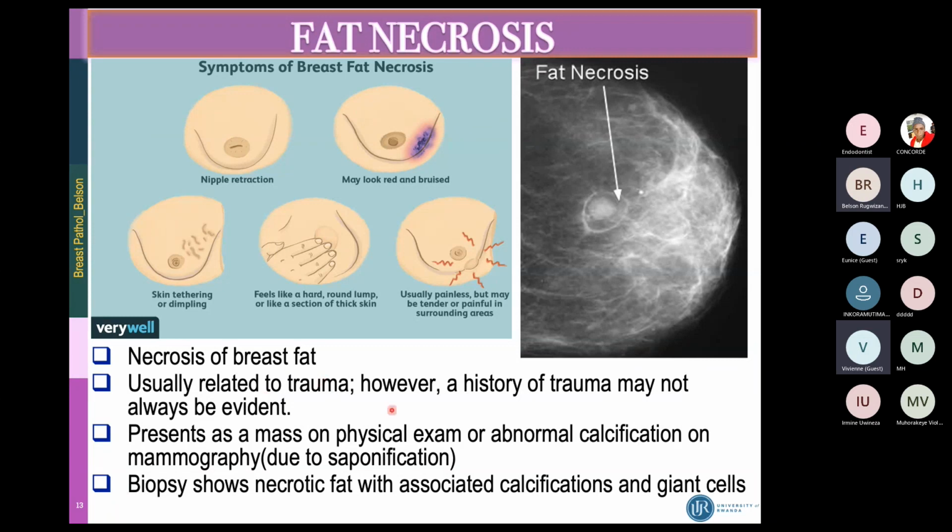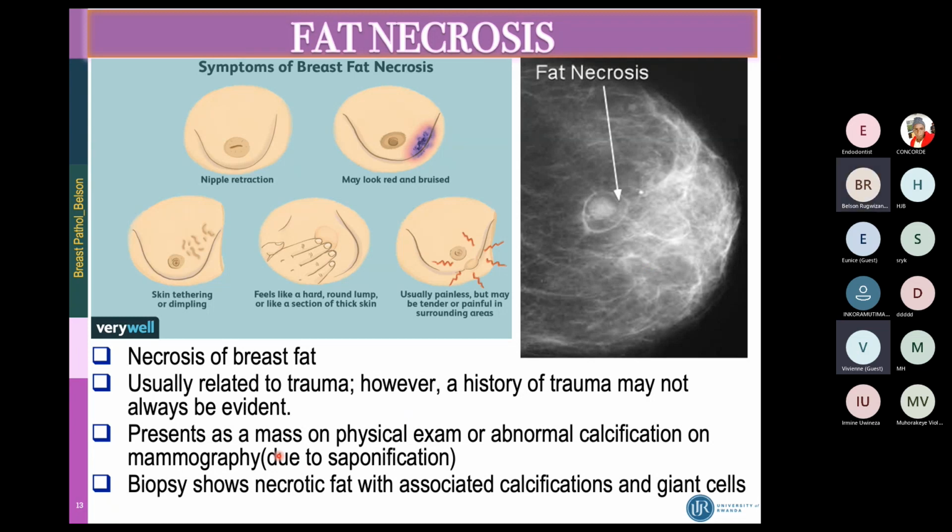So usually it is related to trauma, but often patients say they have no history of trauma, that no one hit them or bit them. So sometimes there is no history of trauma. It presents as a mass on physical examination or abnormal calcifications on mammography. Mammography is an X-ray of the breast.